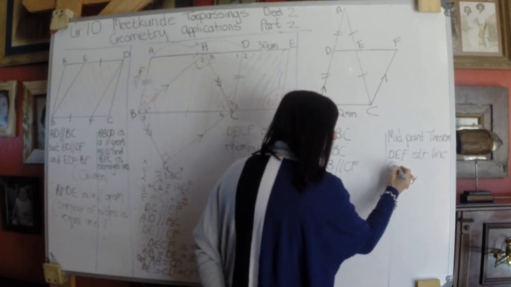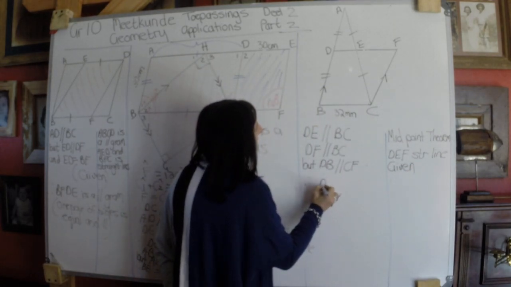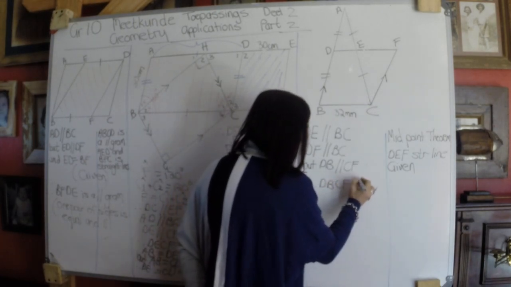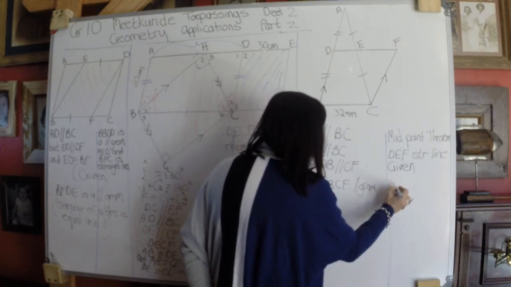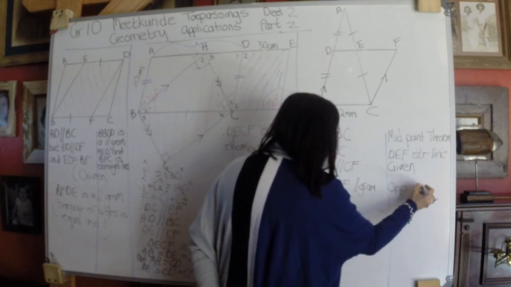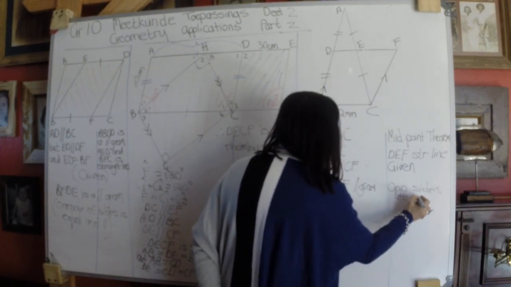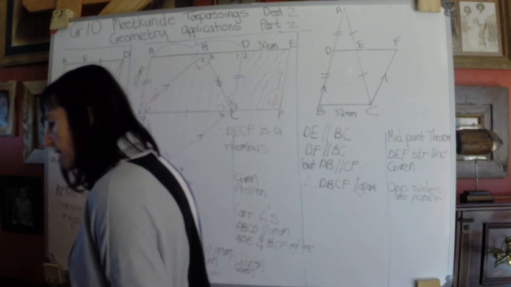That's been given from the start. So therefore, DBCF is a parallelogram, and the reason is opposite sides are parallel.